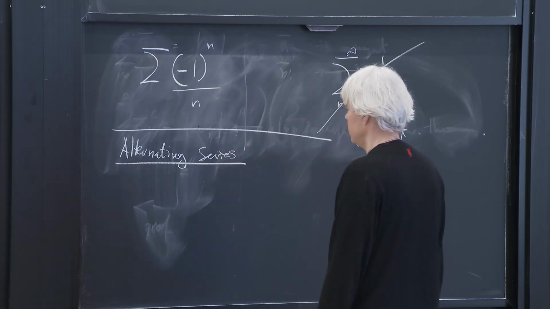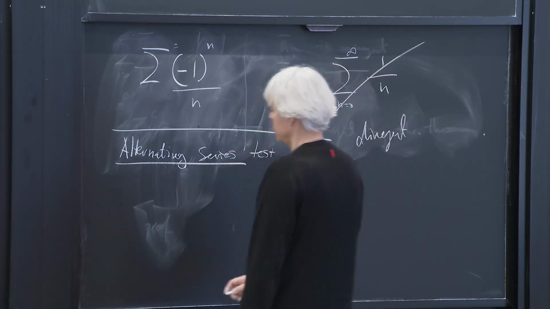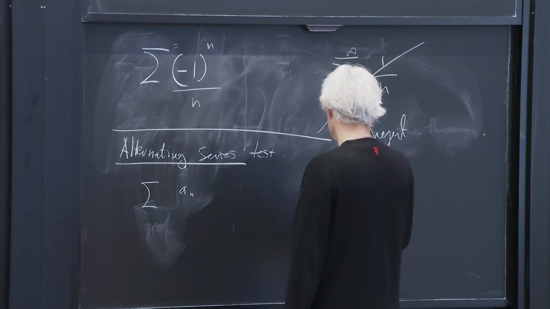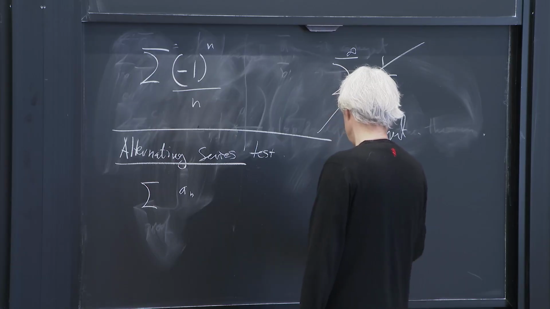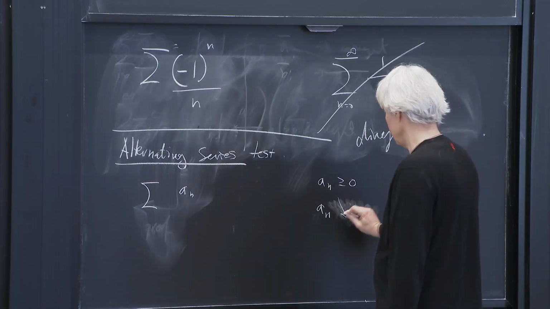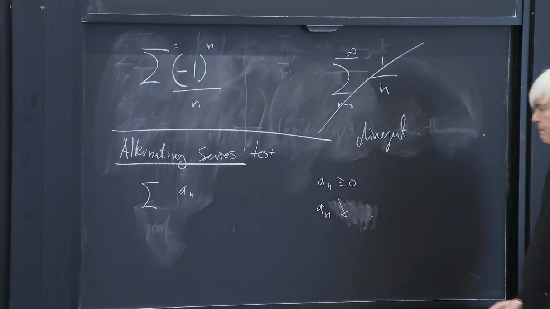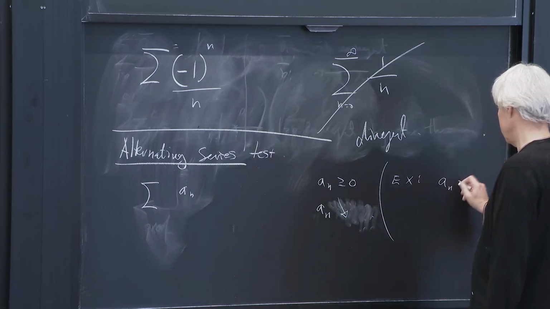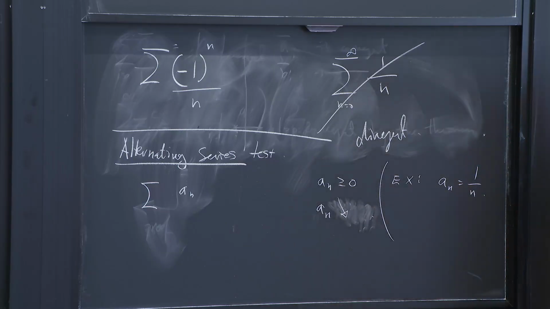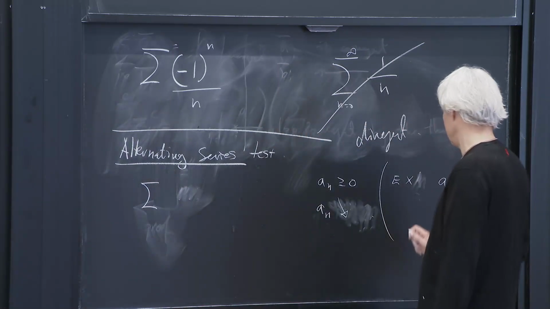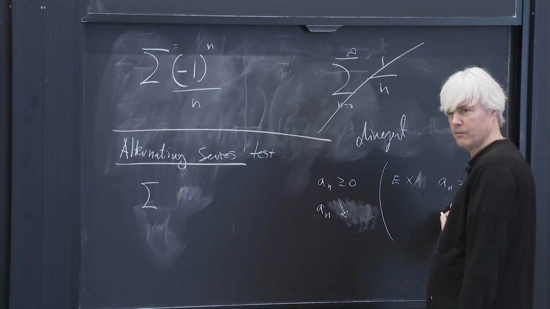The alternating series test says that if you take a sequence a_n of non-negative numbers, and a_n converges to 0 in a monotone way, an example being a_n equal to 1 over n, that's a monotone sequence. It doesn't need to go very fast to 0. This one does not converge to 0 very fast.